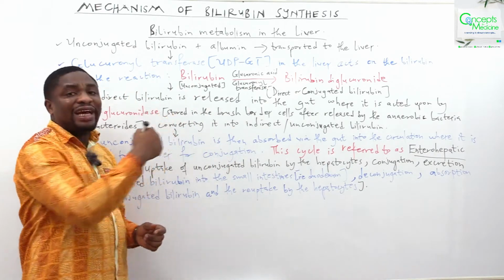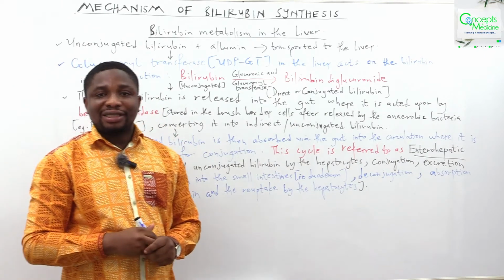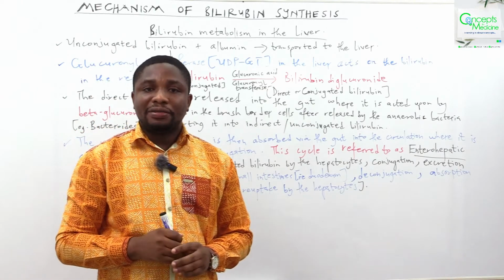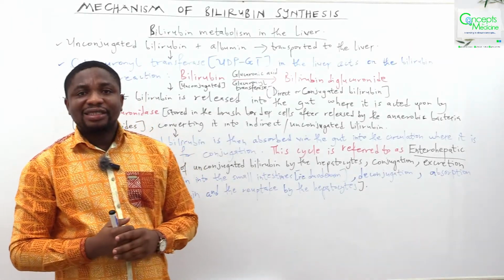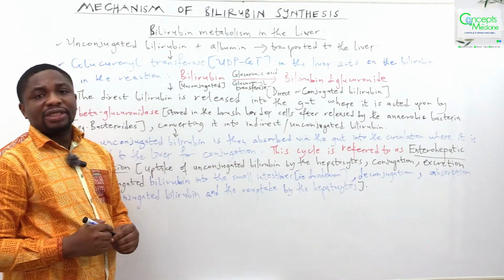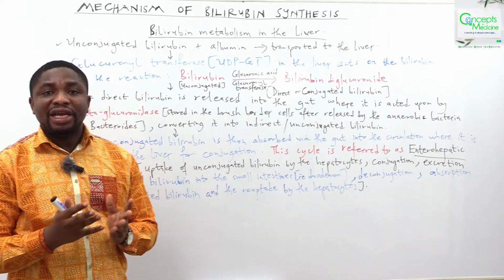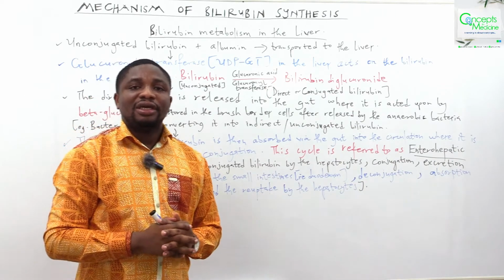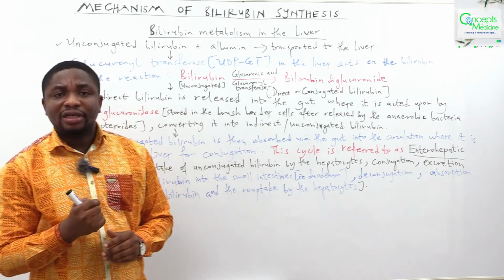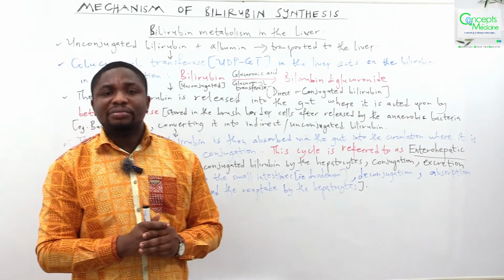The conjugated bilirubin or direct bilirubin is then excreted into the gut, specifically the duodenum, via bile. The conjugated bilirubin in the gut is then acted upon by beta-glucuronidase, which is released and stored in the brush border cells by anaerobic bacteria, mainly the bacteroides. The beta-glucuronidase acts on the conjugated bilirubin, deconjugating it, that is converting it into unconjugated bilirubin.